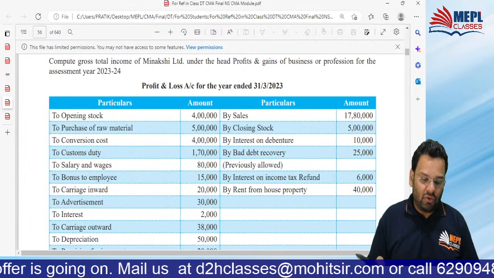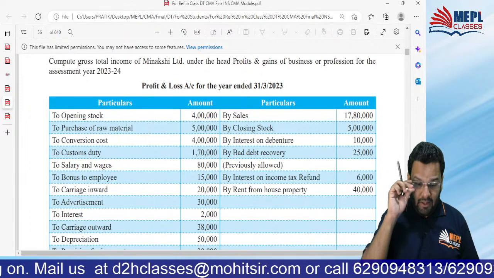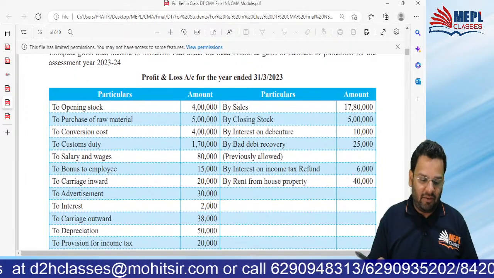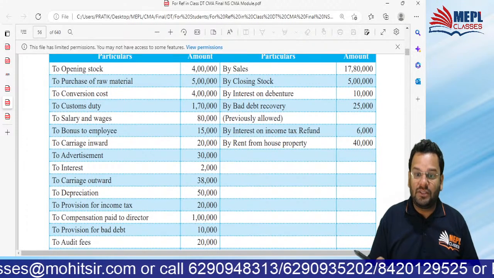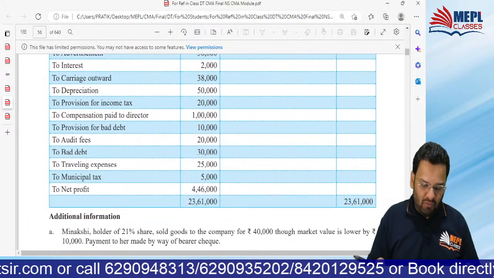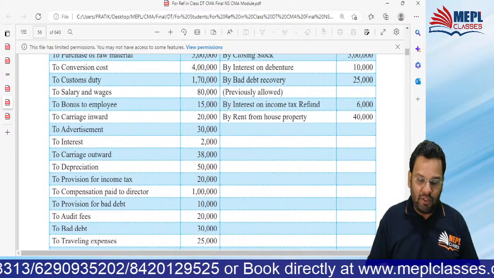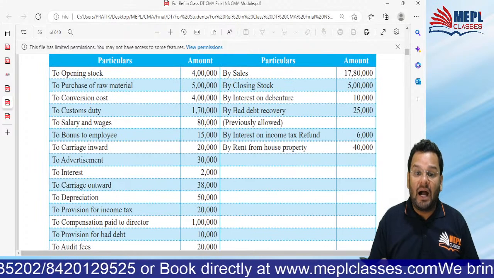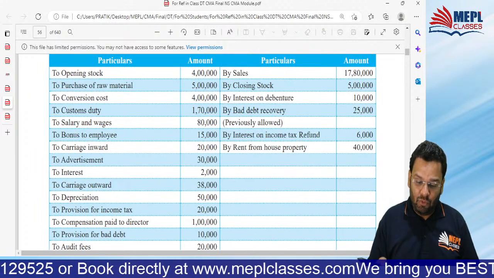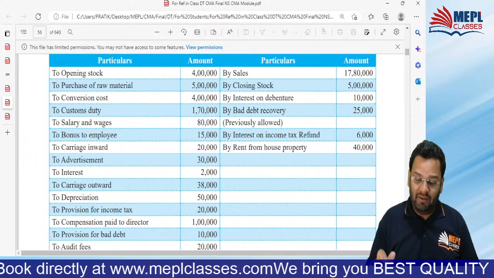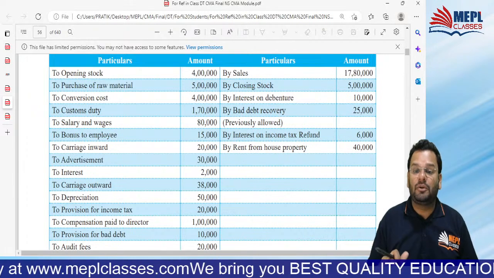So the gross total income of Meenakshi Limited had to be calculated, and the P&L account was given. NP given was 4,46,000, so that was important for calculating PGBP. Apart from that, on the credit side, there was rent from house property.